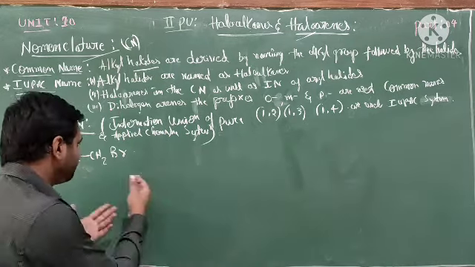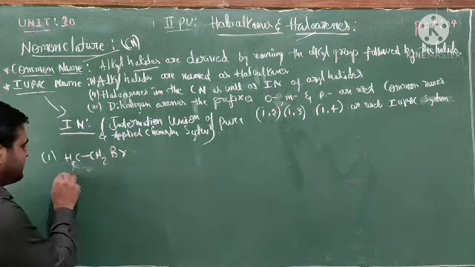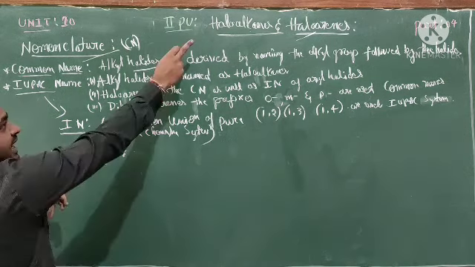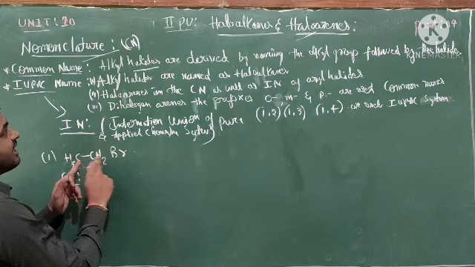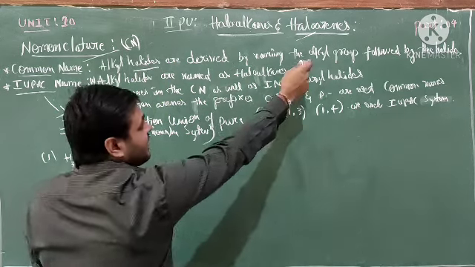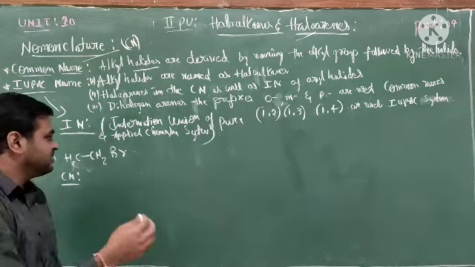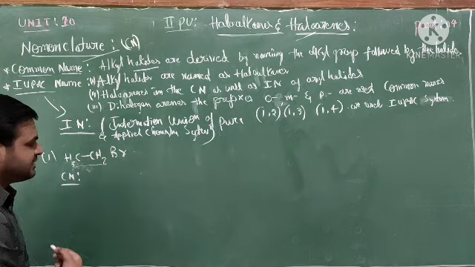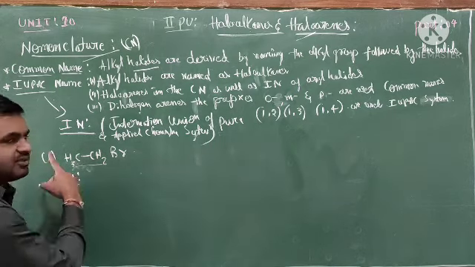For the first one, first write the common name. Is this a haloalkane or a haloarene? This is a haloalkane, an alkyl halide, right? The naming is derived from the alkyl group. First you write the alkyl group, which is C2H5.